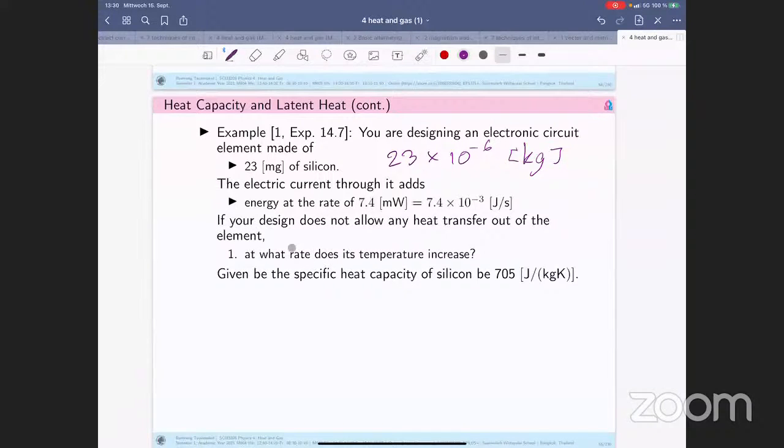When they say rate, it means any quantity with respect to time. We have to say with respect to time, so that's called the rate. Let's see what happens.